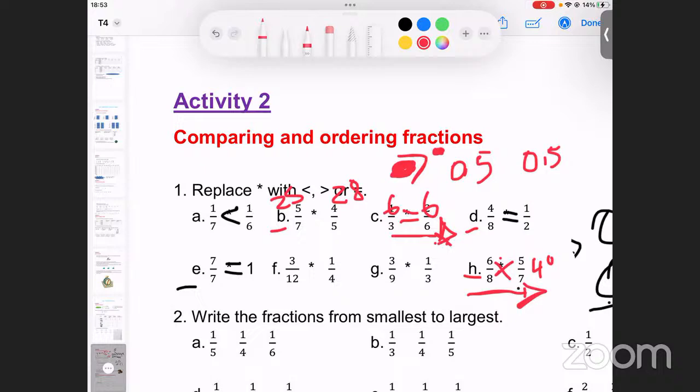So if I was going to do it in my own way, I was going to say equals 1 next to it. Then after that, I was going to say that 4 over 4 is greater than 5 over 7 because 4 over 4 is a whole.